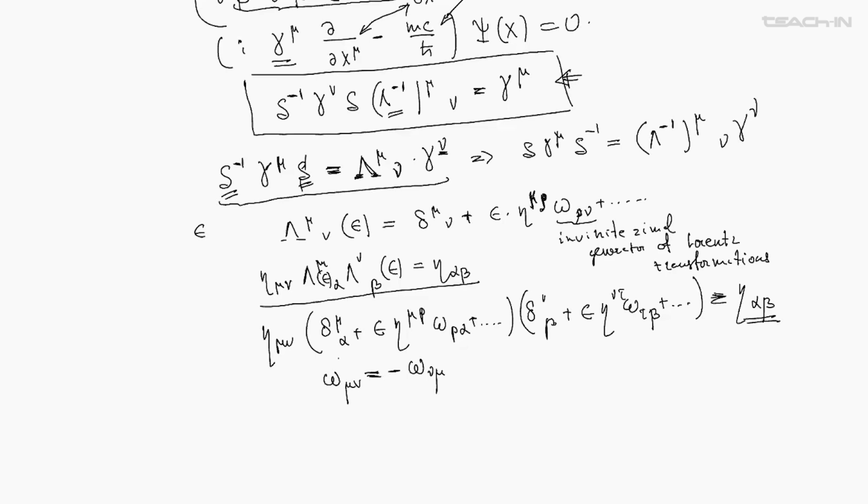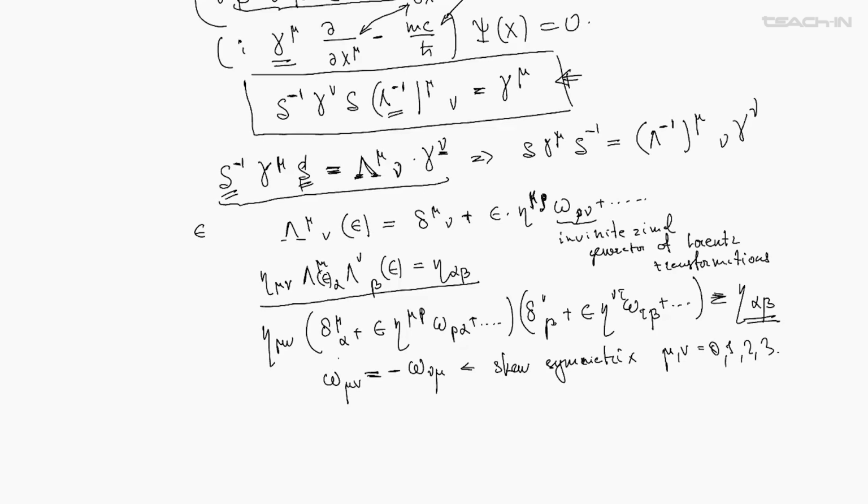Skew-symmetric matrix. μ and ν run values 0, 1, 2, 3. And so such a skew-symmetric matrix then has 6 components: 4 multiplied by 3 divided by 2, 6.